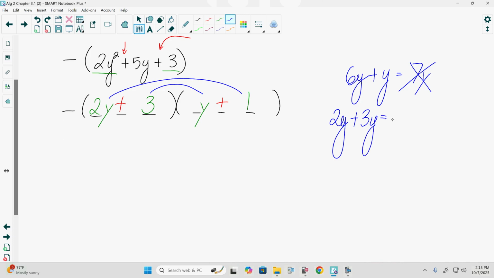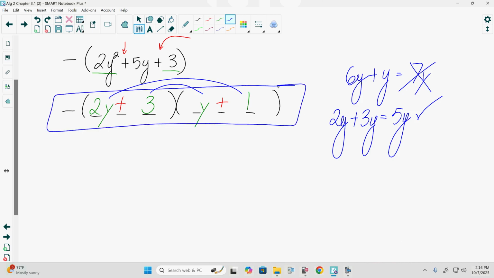And 2y plus 3y, 2 plus 3 is 5y. So that is the middle term that we wanted. Any questions on this here? Question on anything we've done so far?